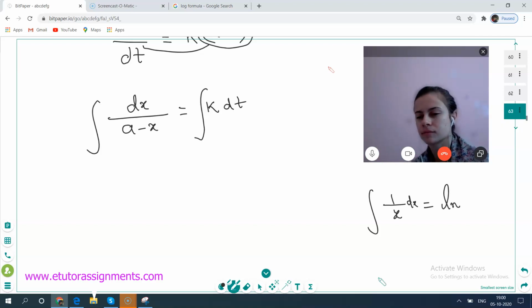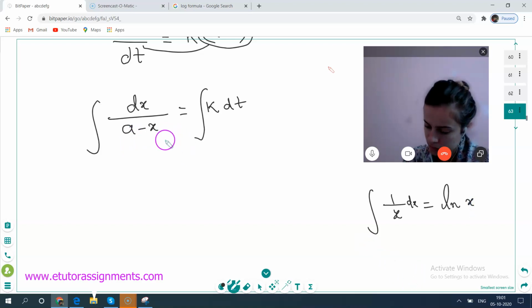It is base natural log, or e. Whenever you are doing the integration, you cannot take base 10. Your result will always come in terms of natural log. Is it clear? Means integral of 1 by x is equal to ln x.